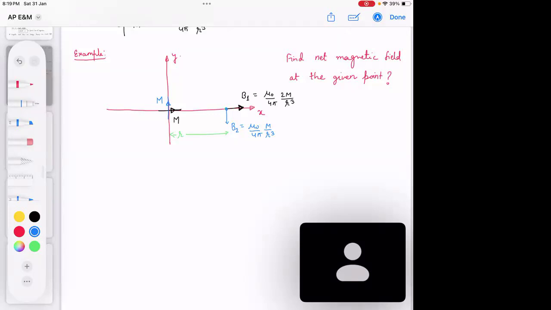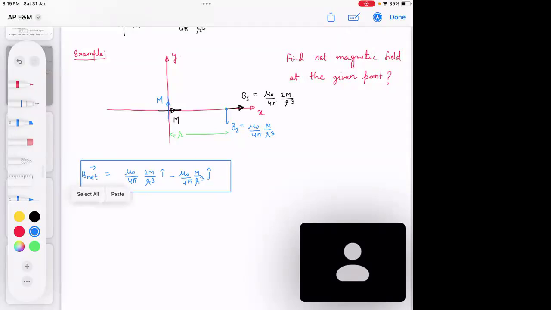So if you want to write the net magnetic field, what will you write? You will write mu naught by 4 pi, 2m by r cube, in the i cap direction. And the next one is mu naught by 4 pi, m by r cube, in the minus j cap direction. So if the question asks in the i cap j cap form, this is what you will write as your answer.